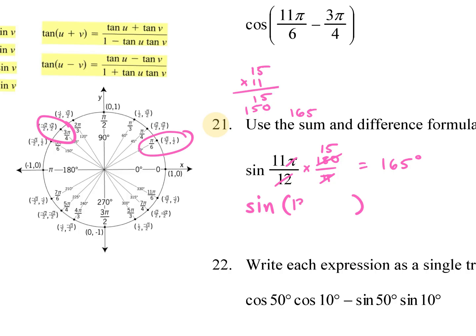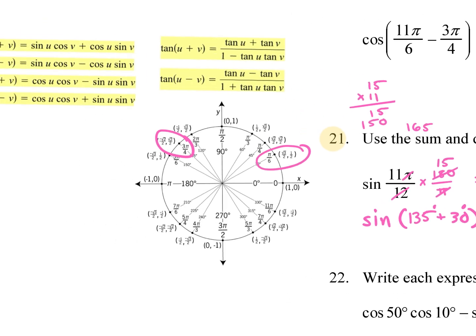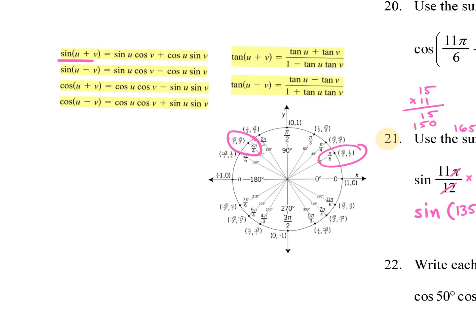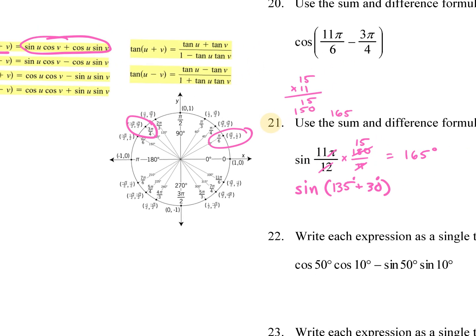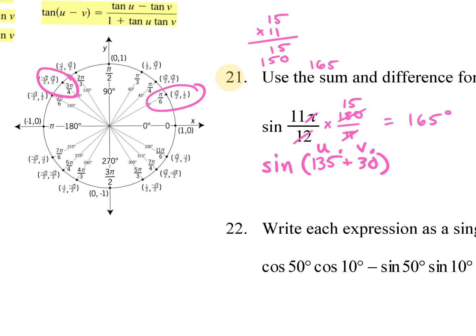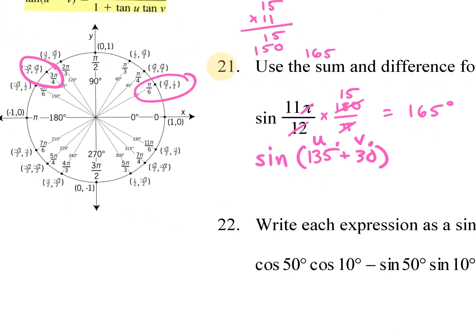So sine of 135 plus 30. So since we're adding these together, we're going to use our sine formula where we're adding. So that's the first one. So it's going to be sine of u times cosine of v plus cosine of u times sine of v, where the first number is going to be our u and the second one is going to be the v. Now again, if you said 30 plus 135, it doesn't matter.